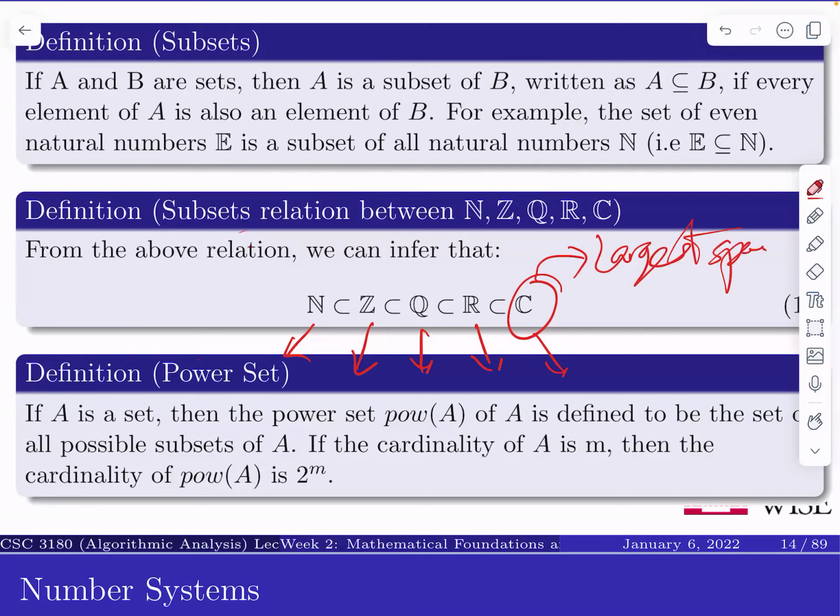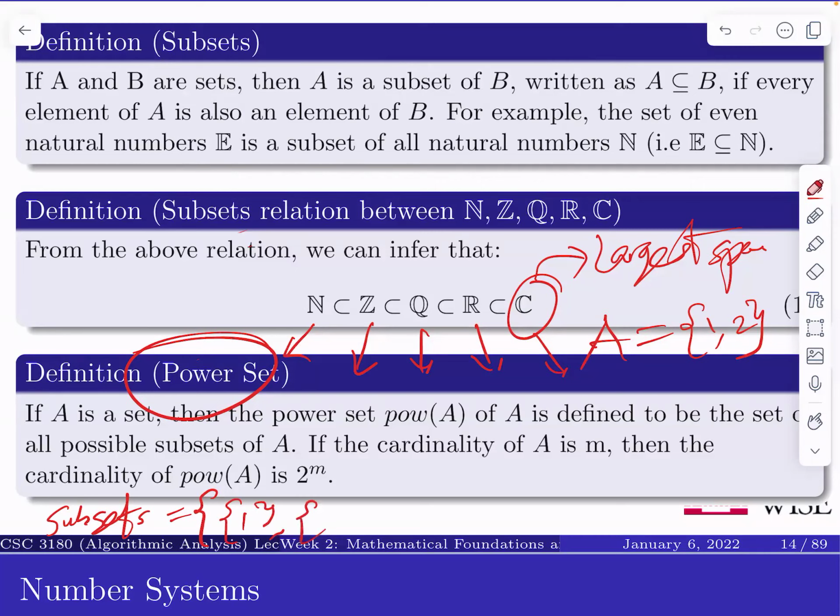Okay, now we move to what is called a power set. If I have our original set 1 and 2, what is the possible number of subsets that I can make up from 1 and 2?